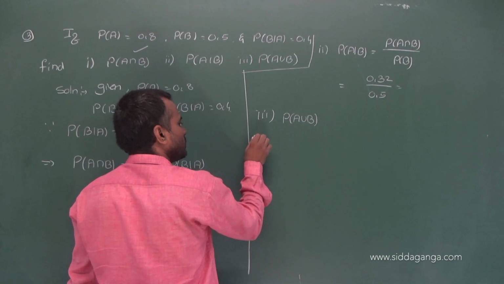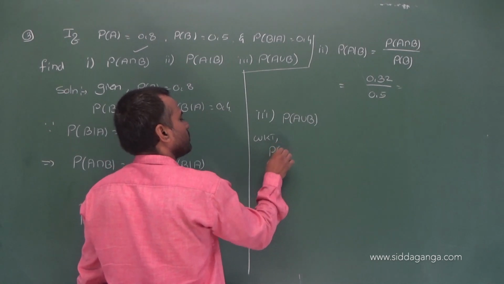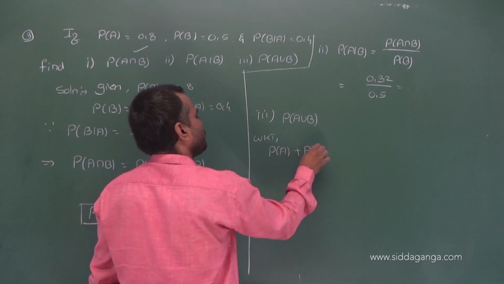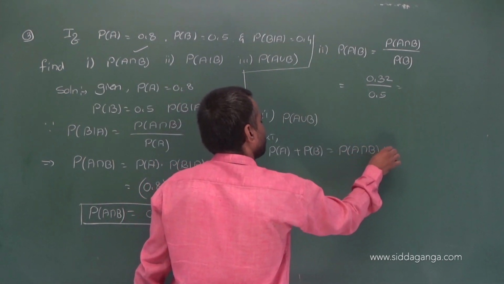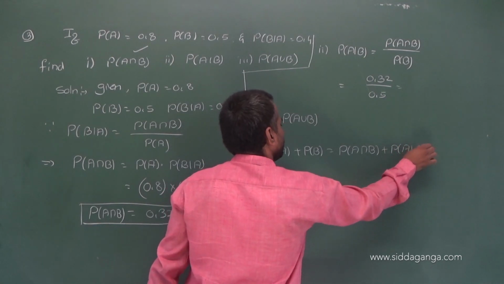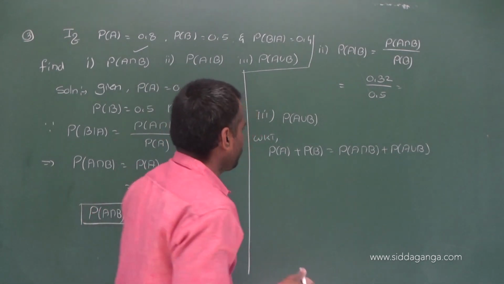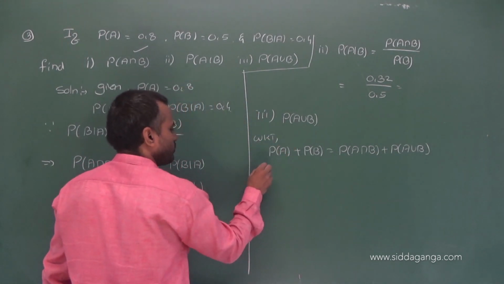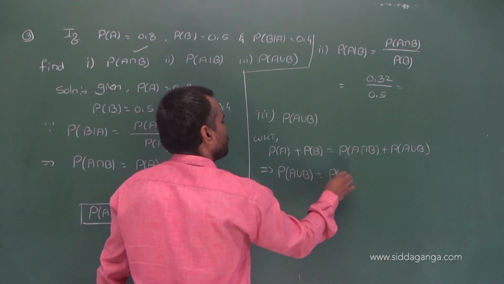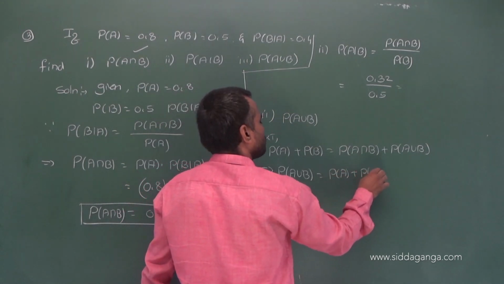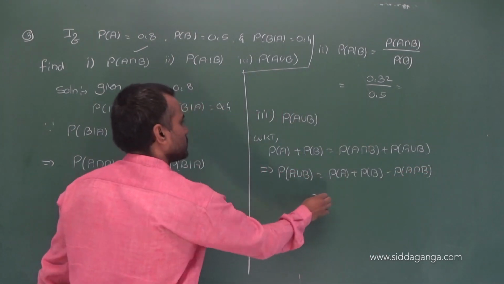For that, we know from the first PUC class the property that P of A plus P of B is always equal to P of A intersection B plus P of A union B. Here we want P of A union B. So P of A union B is equal to P of A plus P of B minus P of A intersection B. Substitute all the values.